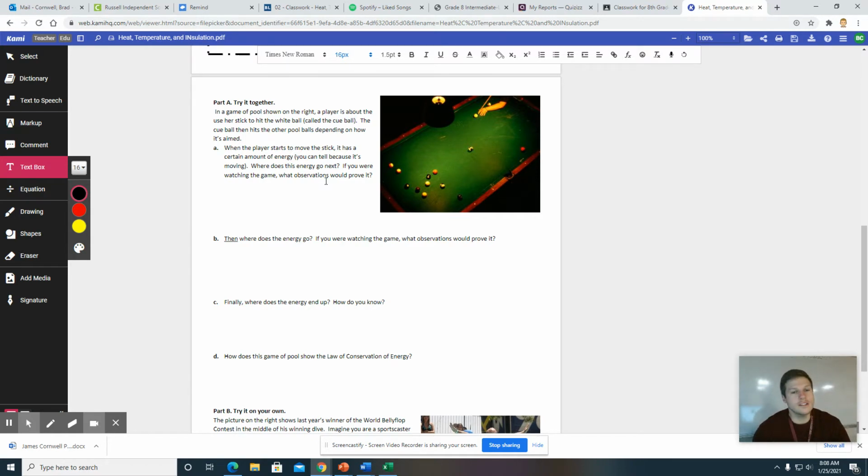So where does this energy go next? From the cue or stick, whenever it hits the cue ball, where does that energy go? Now, if you're watching the game, what observations would prove it?